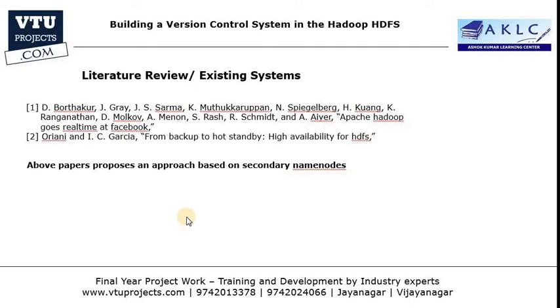Based on this secondary name node, they have come up with a particular solution. However, the drawback of this solution is that the failure rate is very, very high. That means file versioning is not possible at all times. It doesn't guarantee that file versioning will be possible. So this is the drawback of these papers.